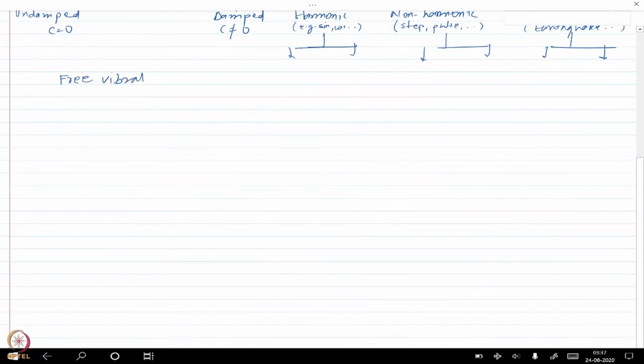As I said, what do you mean by free vibration? Free vibration happens when you impart an initial velocity or displacement to a system and let it vibrate without any action of external load. So in short, we will have P(t) equal to 0.